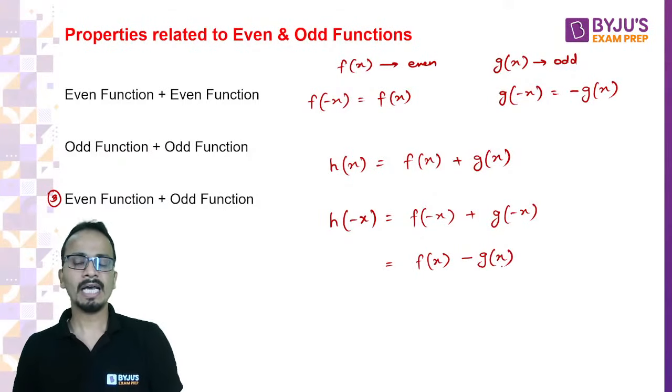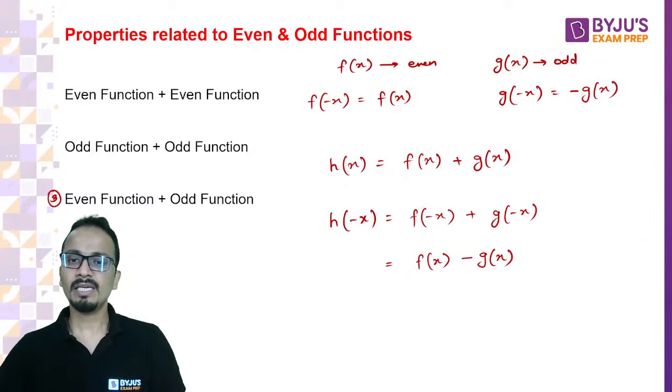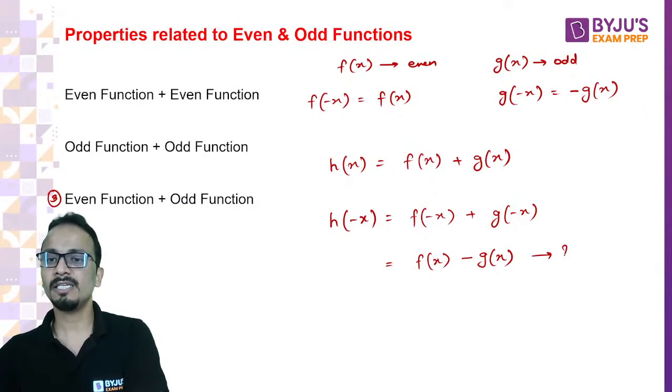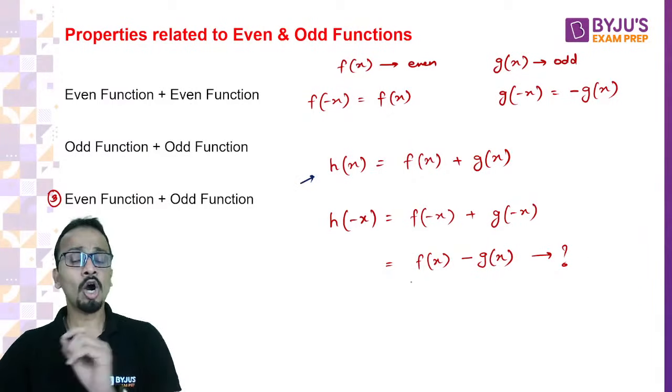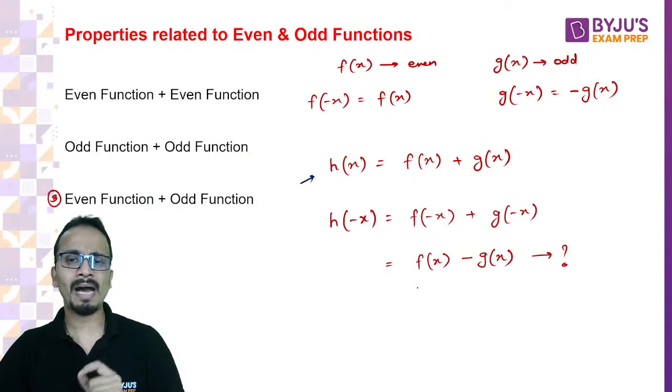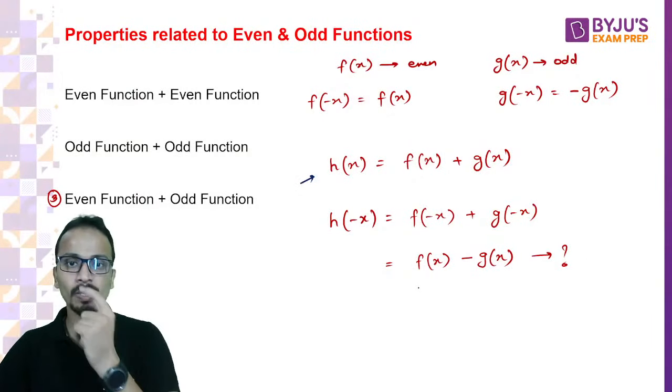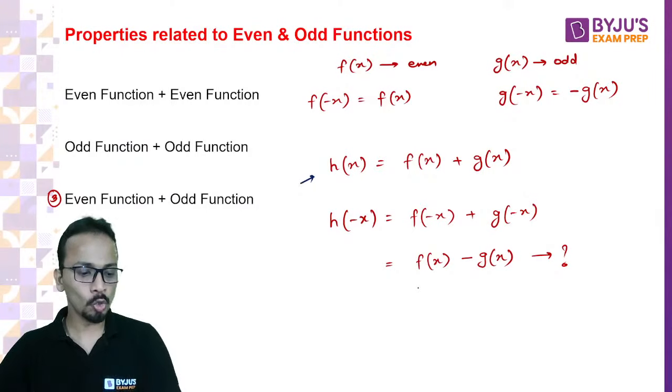All right. Now guys, tell me, is this part equal to hx? No, this is not equal to hx. Also, is this part equal to minus of hx? No, this is also not equal to minus of hx.